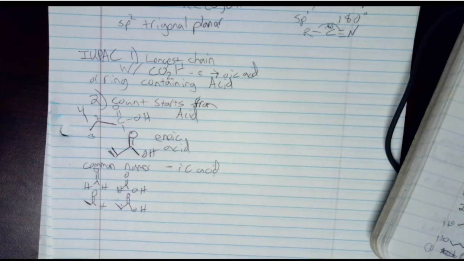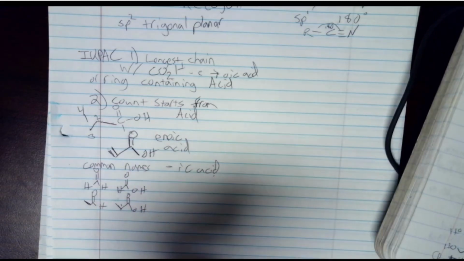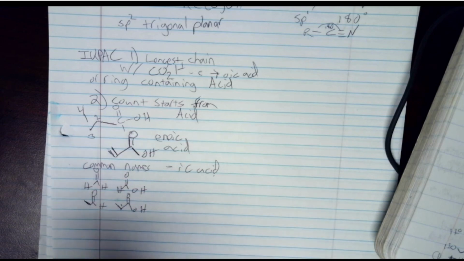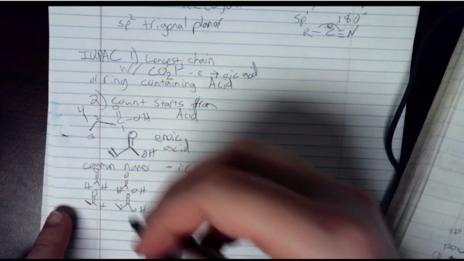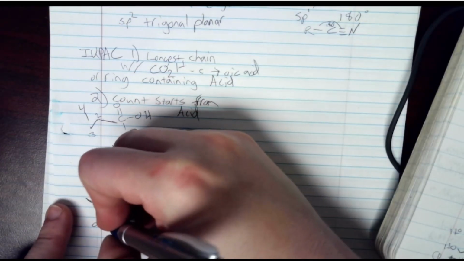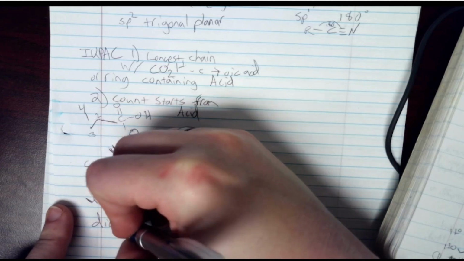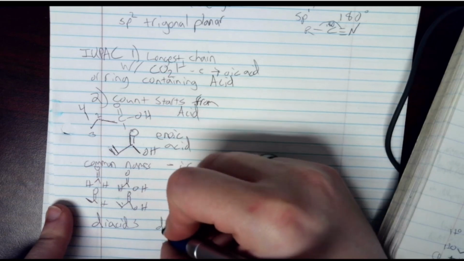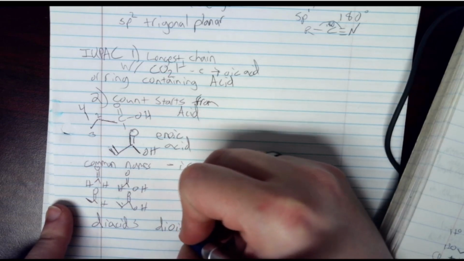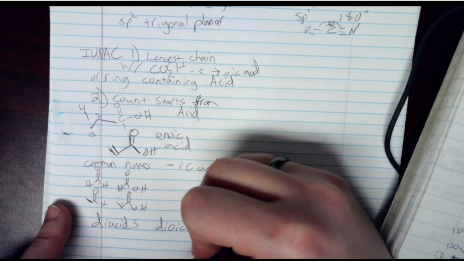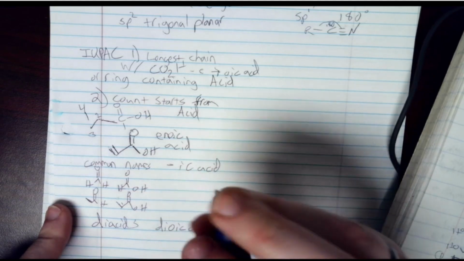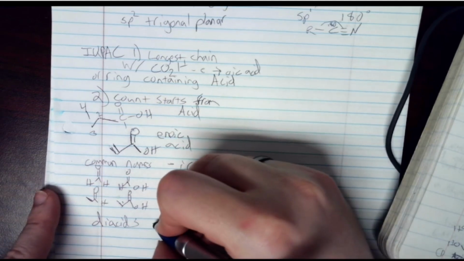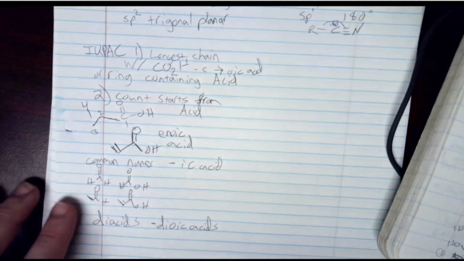It is possible to have diacids. Diacids are just a big chain with two acids in it. If you had a diacid, you call it dioic acid, just like you'd call it a diol. Let's give an example of that.